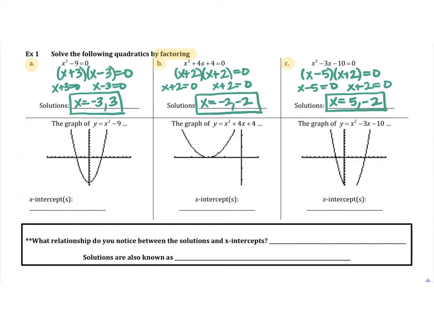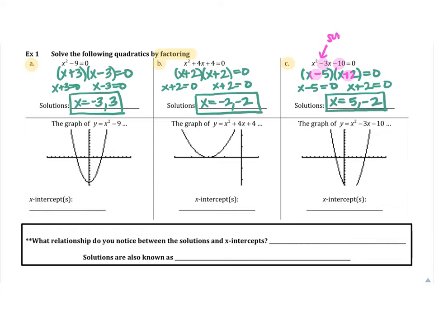Okay, so we should check our answers for A, B, and C. The one thing I want to note on C is that sometimes I'm noticing on our homework that when we factor, we end up with opposite signs. So we want to be careful and really pay attention to those 2 signs, because remember, I want to add to -3 and I want to multiply to -10. So again, I'm going to write this down.